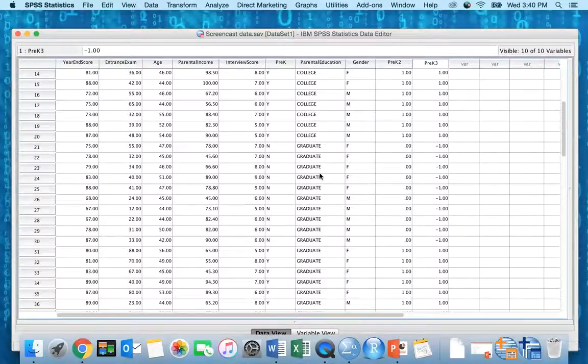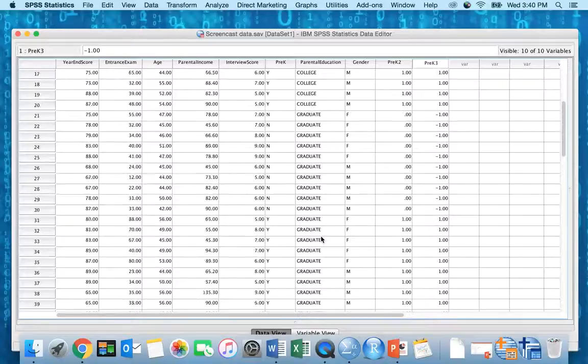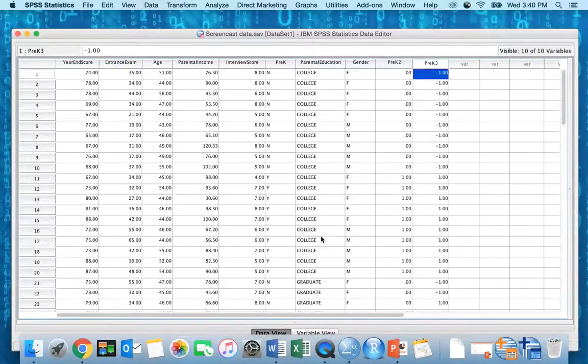And in fact, we're not going to call it ordinal, we're just going to call it categorical for the purposes of this exercise. And so what we need to do now is create a set of variables to test parental education and whether or not parental education is a significant predictor of year-end score. And we don't care about the other variables now. We're not considering pre-K anymore. We're just looking at parental education.